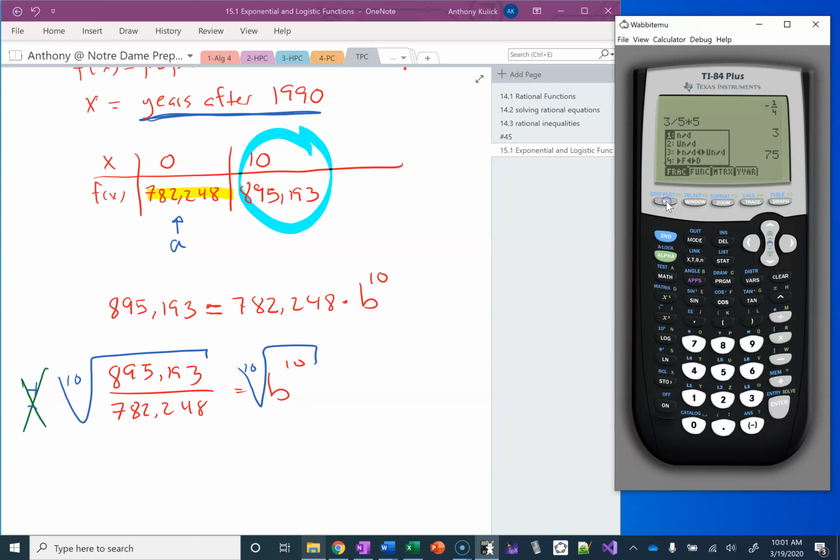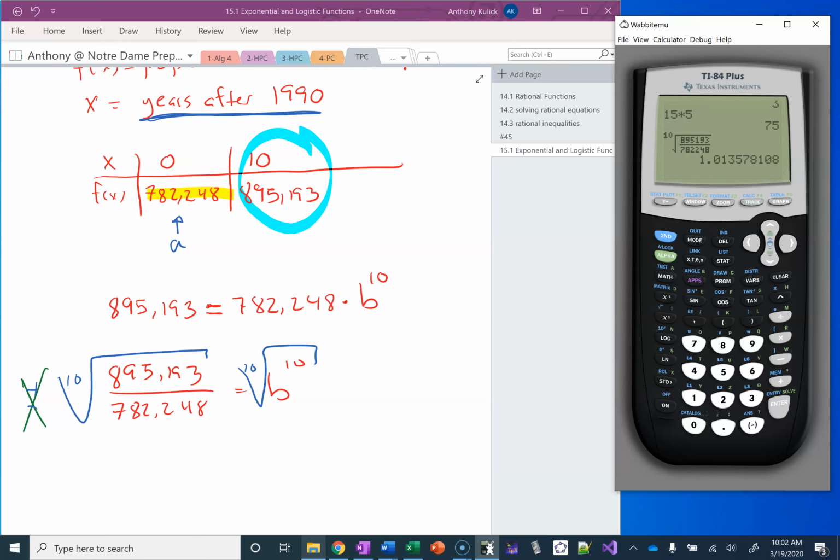So I'm going to press alpha and y equals to get the fraction options, and choose the numerator over denominator one, so I can write just an improper fraction. And I'll just write 895,000 and change over 782,000 and change. And then we'll just press enter.